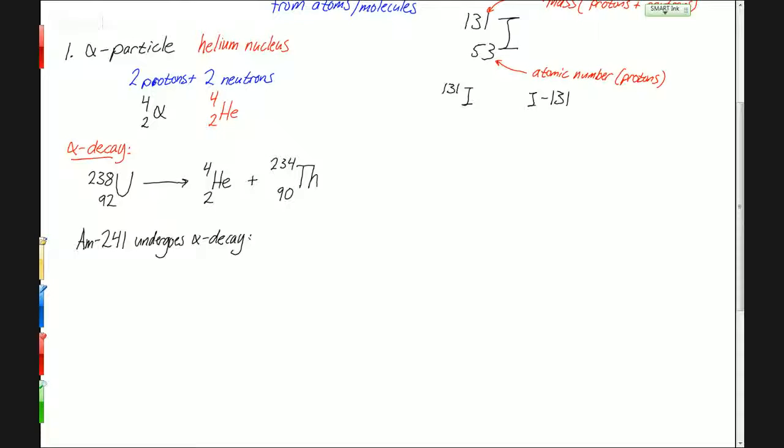This is the reaction that happens inside smoke detectors. Alpha particles are emitted from an americium atom or some atoms. They go across to a target, and when smoke gets in the way, the alpha particles bounce off the smoke particles and don't make it to their target, and that's when the alarm sounds.